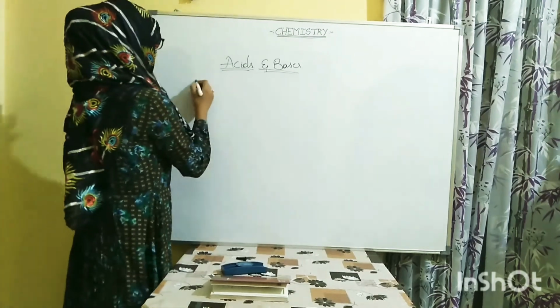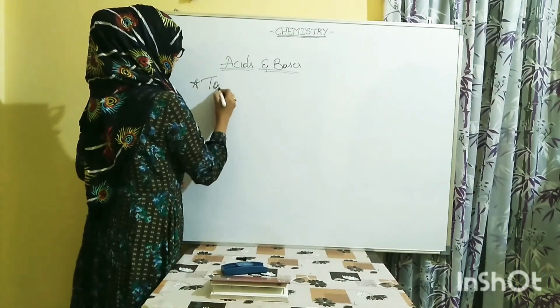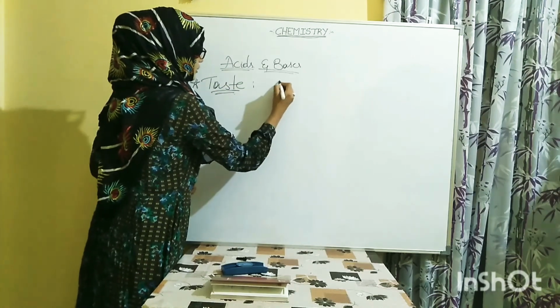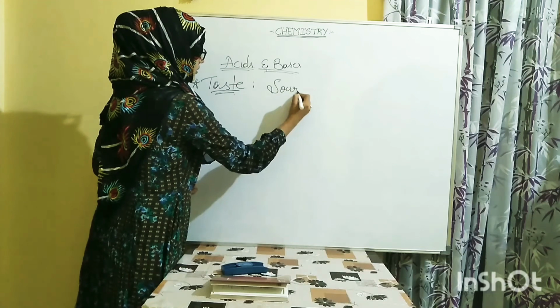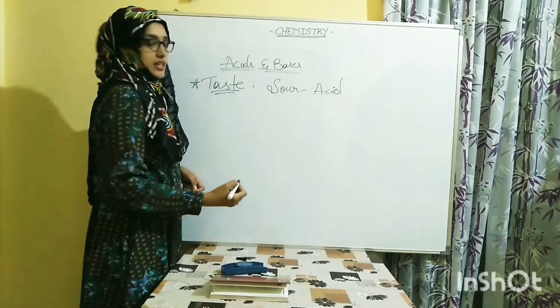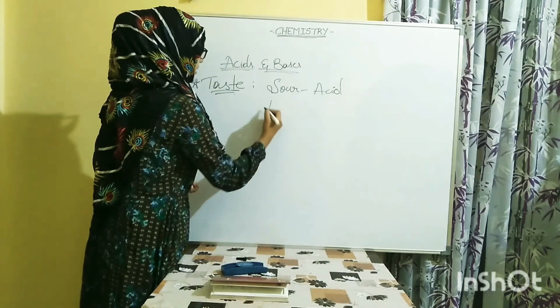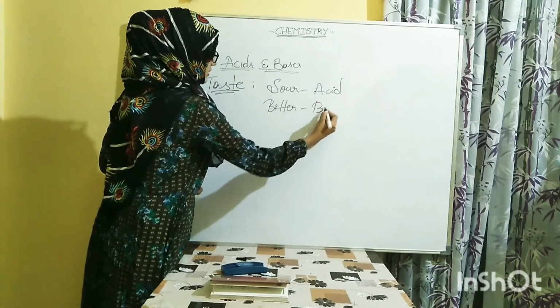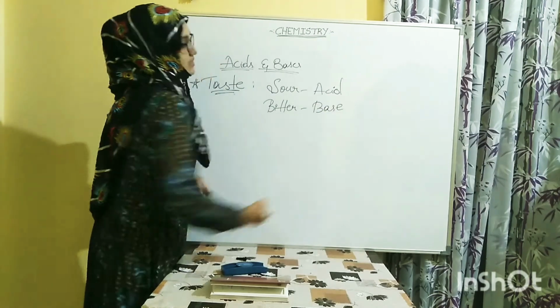So the first one, I said, is taste, by which if it is sour, then it is acid, and if it is bitter, then it is base.